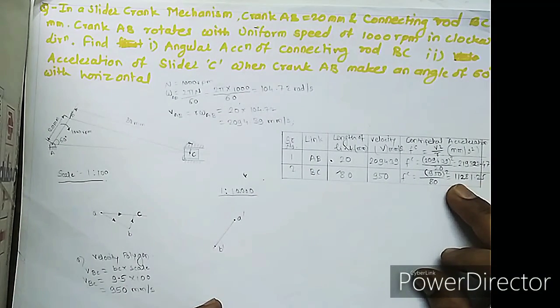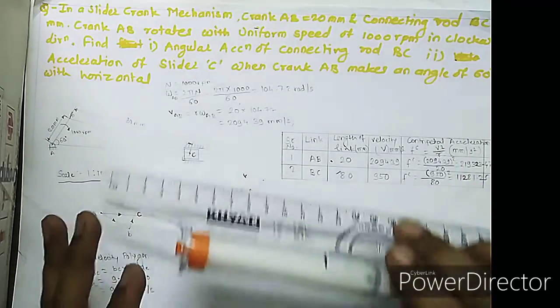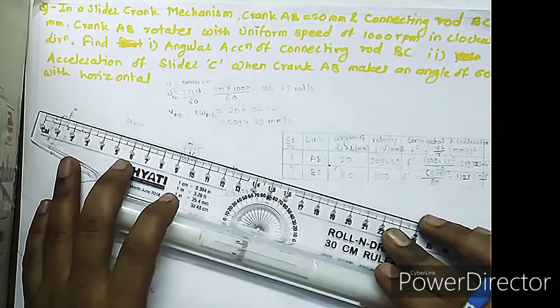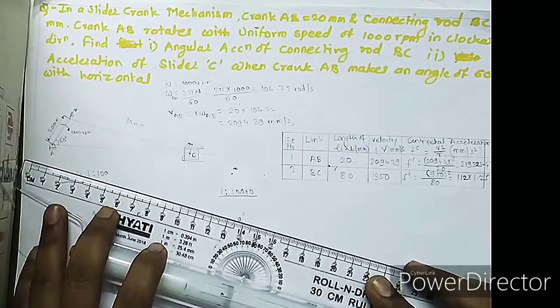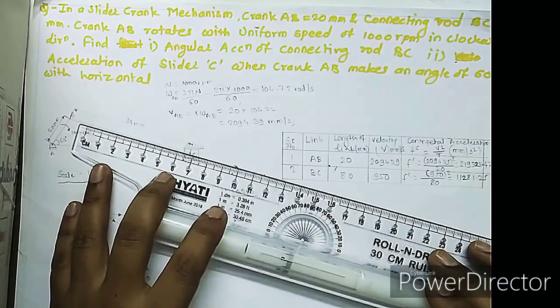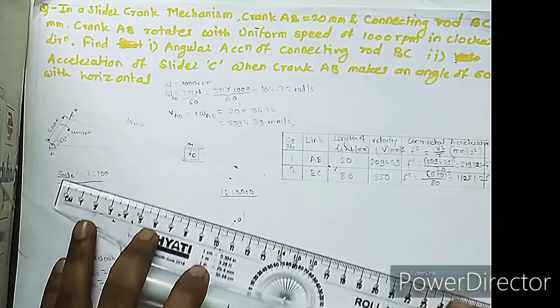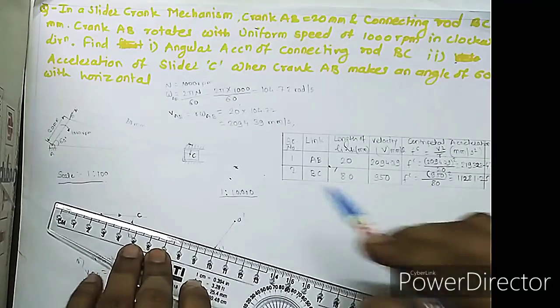Now next link is BC, that is connecting rod. Connecting rod is an oscillating link, so it has two accelerations. First one is tangential acceleration and second one is centripetal acceleration. We have a centripetal acceleration which is drawn parallel to the connecting rod BC, and we have that FCBC equal to 11,281.25.